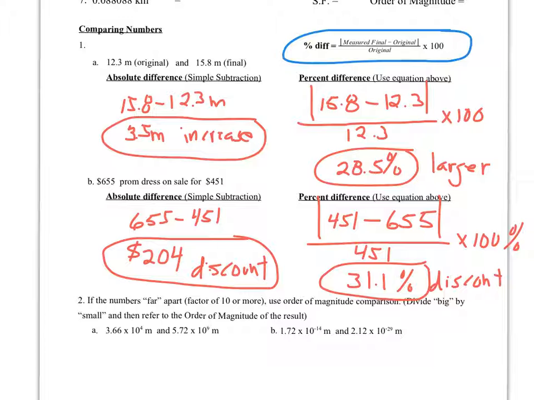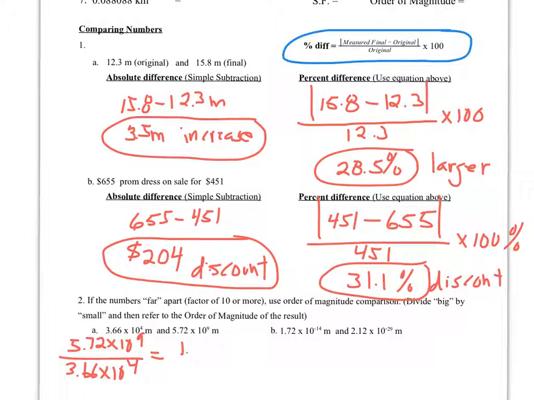But how many times bigger? How many factors of 10? What's the order of magnitude bigger the 5.72 times 10 to the 9th is? So basically you just take that number divided by the smaller number, 3.66 times 10 to the 4th. In this case, you get 1.6 times 10 to the 5th.